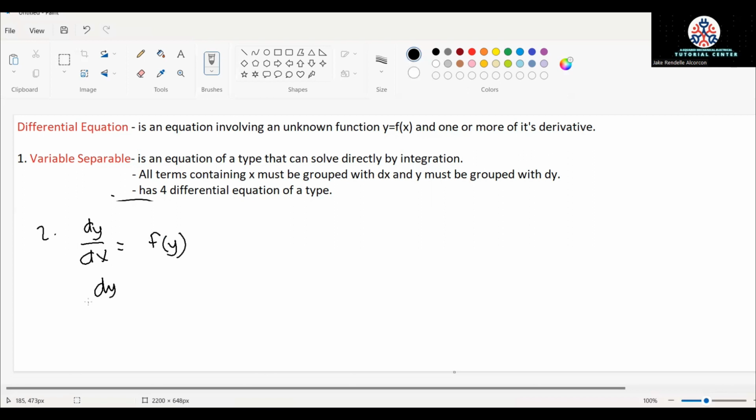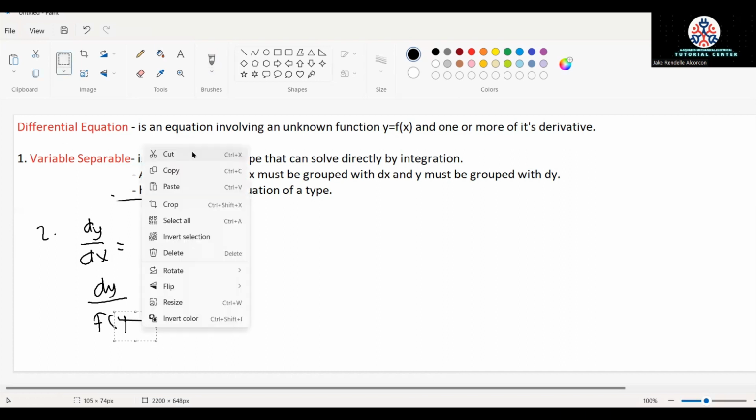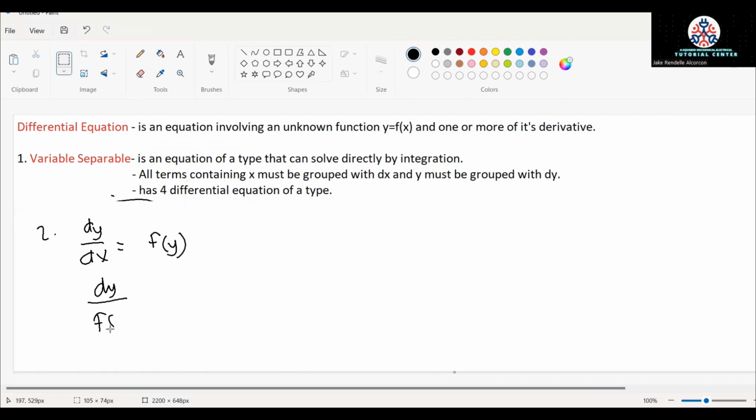Therefore, dy over the function of y is equal to dx. After grouping, we can integrate both sides.